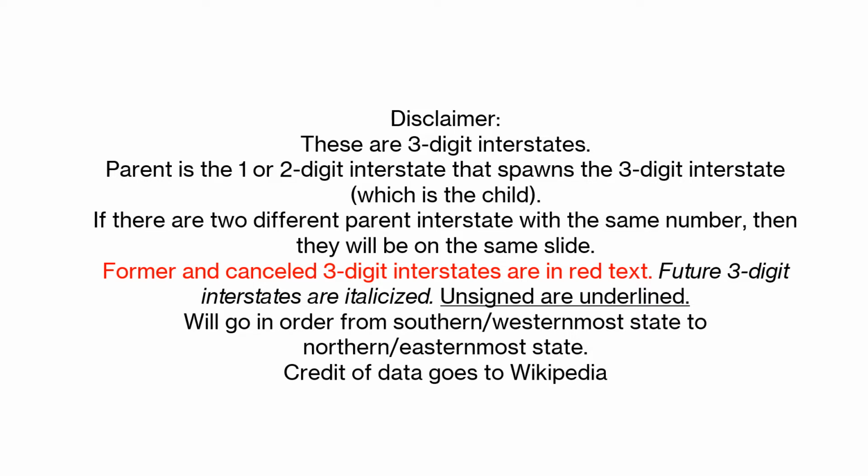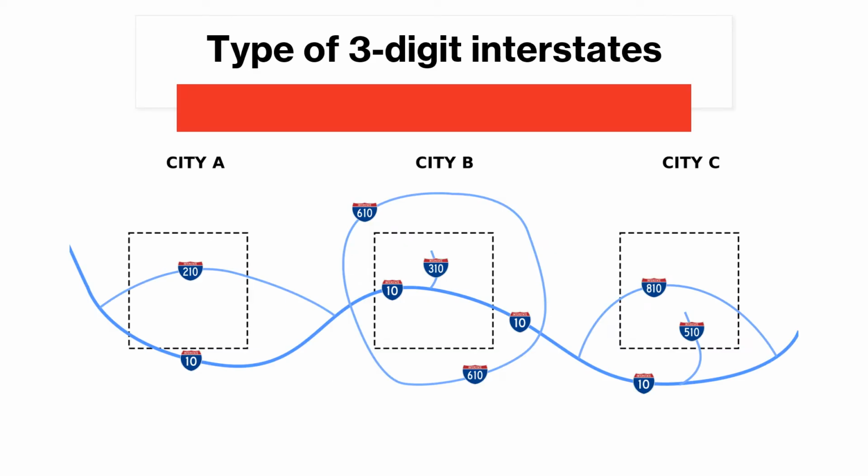So what is a three-digit interstate? Well, here are the types. We're going to use I-10 as an example, and this is the example I found on Wikipedia. Where 10 bypasses the city, 210 goes through the city.